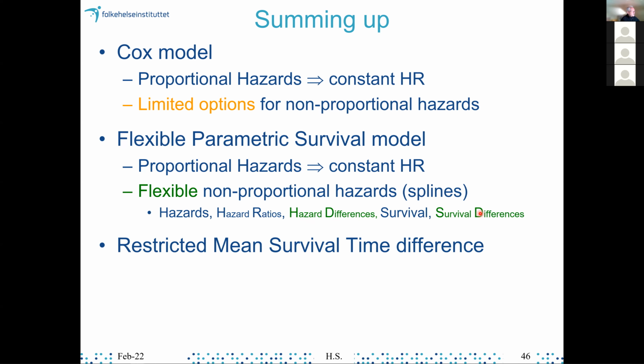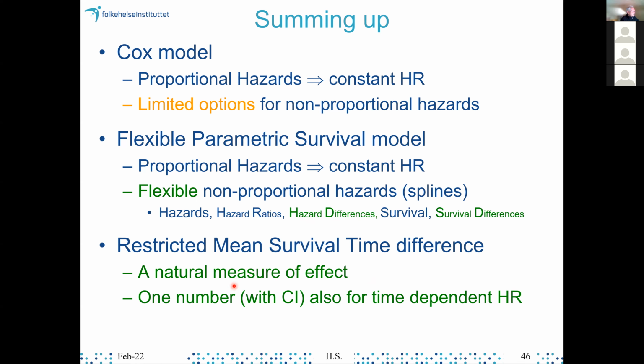And it can predict restricted mean survival time difference, which is a natural measure of effect that's easy to understand. And it's one number with confidence interval, also for time-dependent hazard ratio. So I really recommend using this. You will probably meet referees that are not used to it, but you will try to explain what it is and why it's a very good measure to use. And this one does not suffer from the frailty selection bias that may plague the hazard ratio.